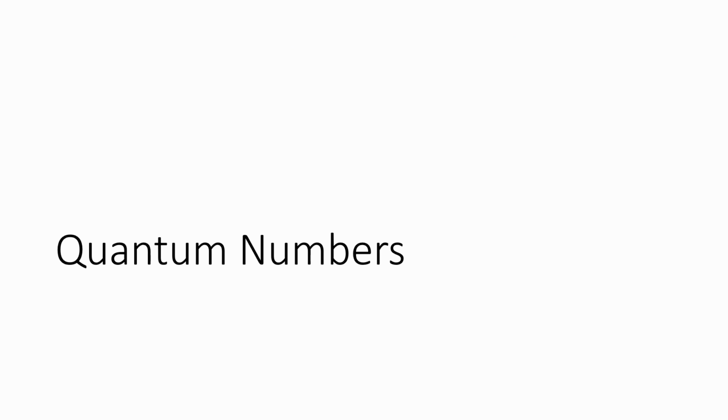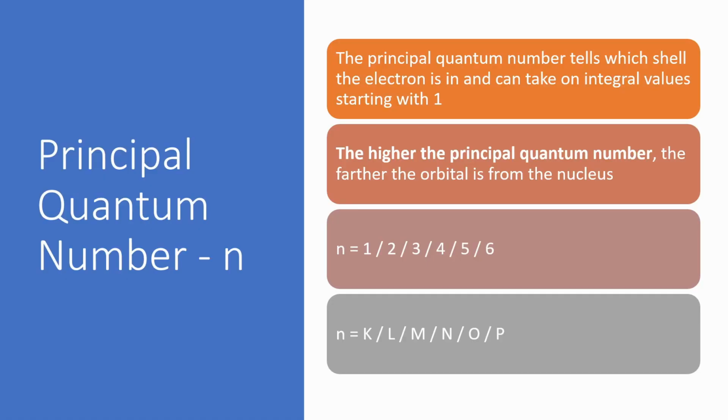Along with the quantum mechanical model came the discovery of quantum numbers. Quantum numbers, or our wave numbers, can describe the position of an electron or where you can find it in our atom.